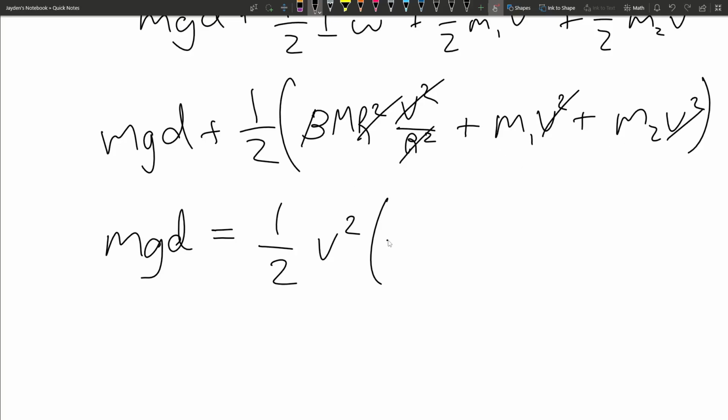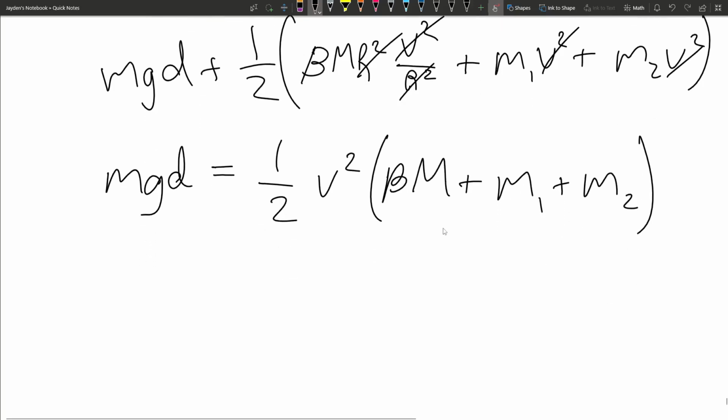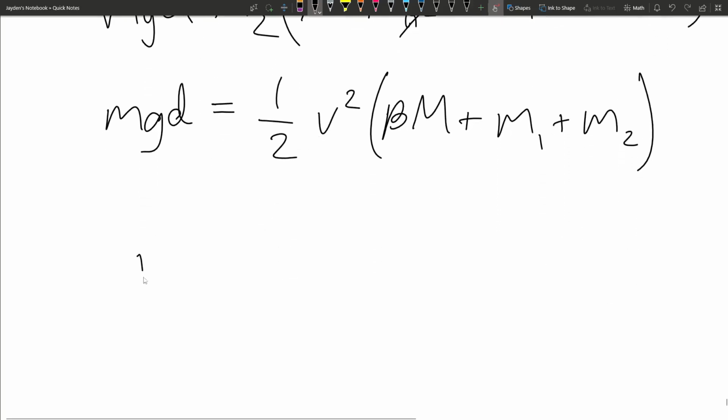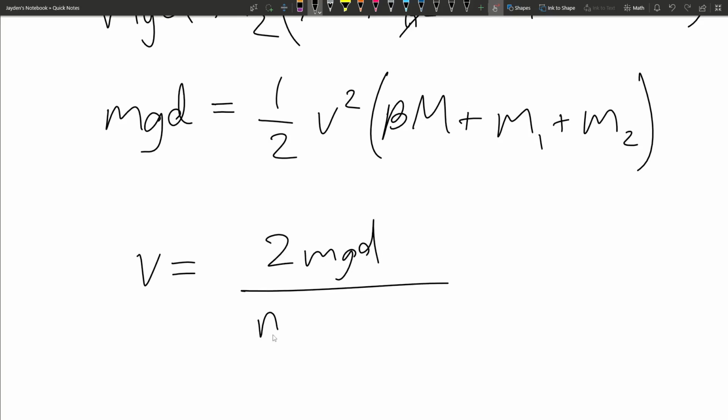So beta m plus m1 plus m2. So the velocity is going to be equal to the square root of 2mgd divided by beta m plus m1 plus m2.